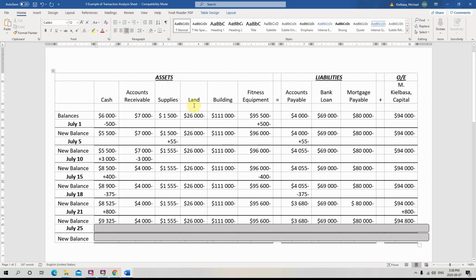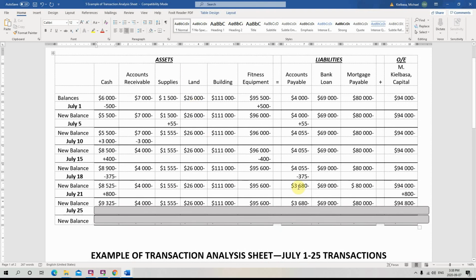So in this case, equipment is going to go up 3,000, cash is going to go down 2,000, and accounts payable is going to go up 1,000, because now I owe 1,000 more. Remember, we bought $3,000 worth of equipment, we paid $2,000 cash, and we put the rest on account. Okay, and then we come up with final totals.